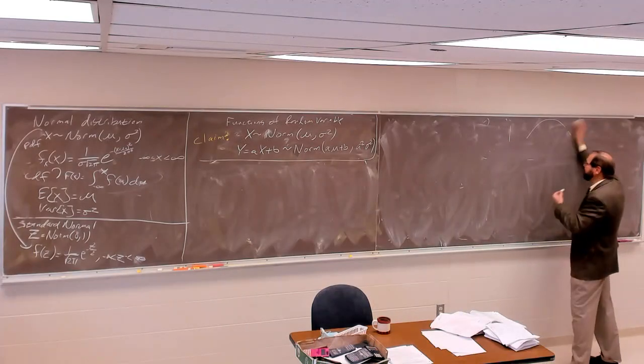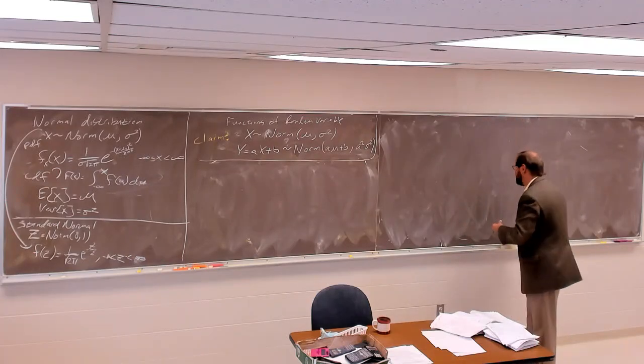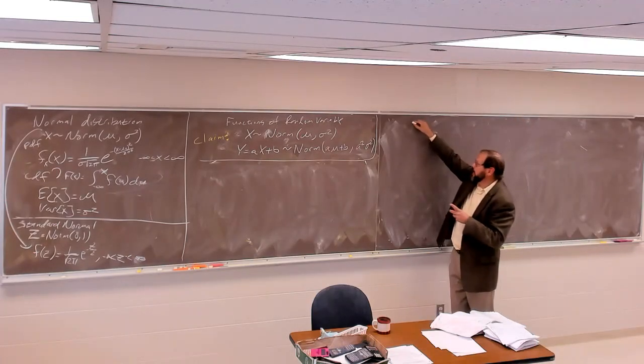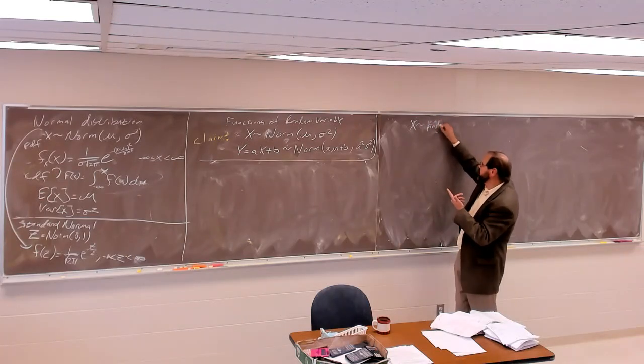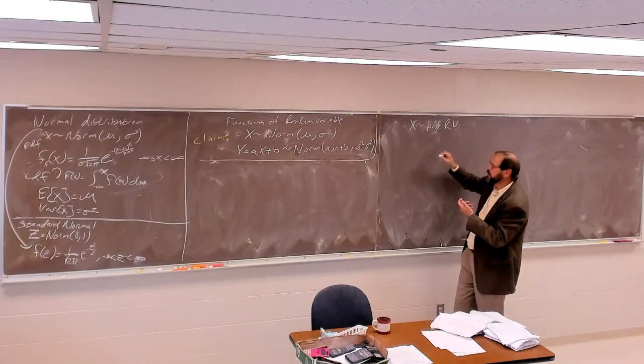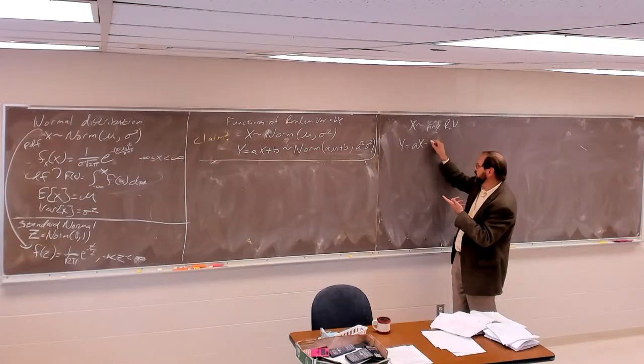So we talked about this last time, to some degree. We talked about the idea that if x is a random variable, let's just say x is any random variable, we talked about what we could do with a function of that random variable.